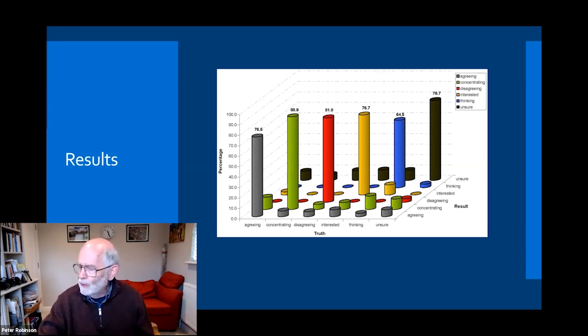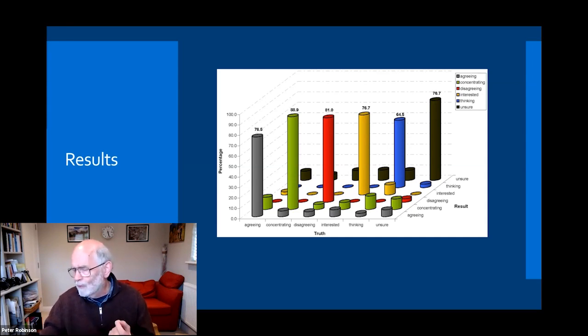One thing you see is a pretty strong diagonal, which is encouraging. And you'll perhaps see that the tallest one is the green bar, which is concentration, which is almost 90%, being recognized 90% of the time. And the least accurate one is thinking, which is only being recognized about 65% of the time.